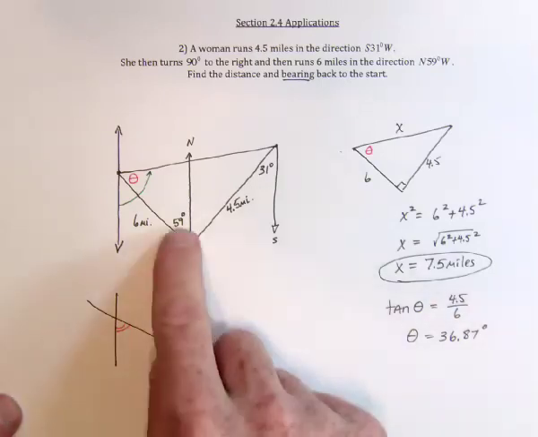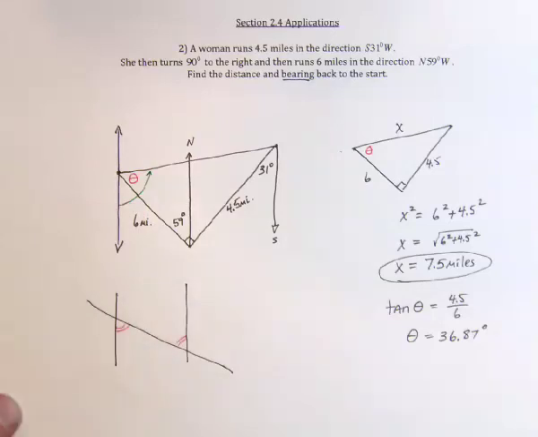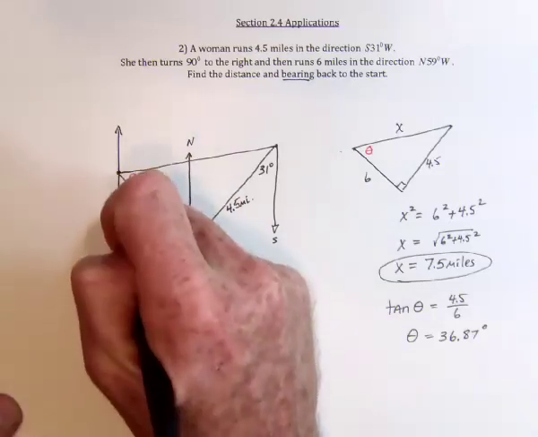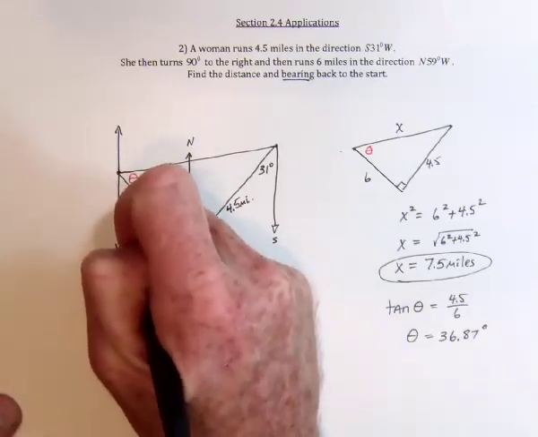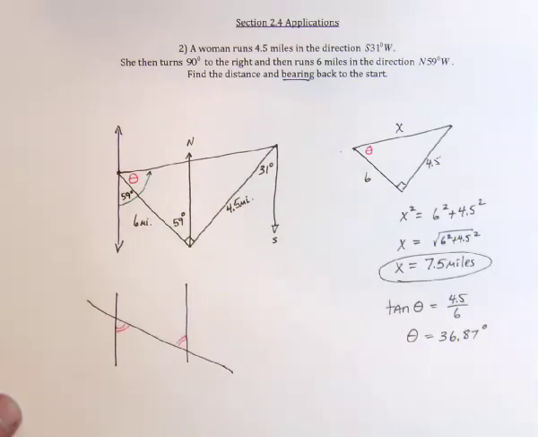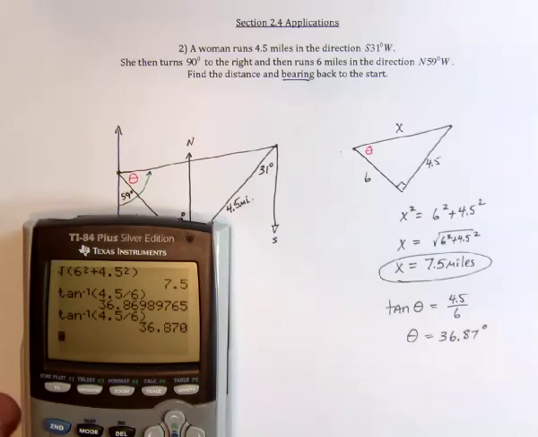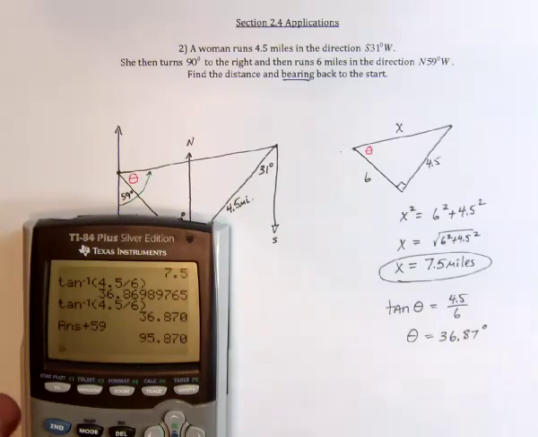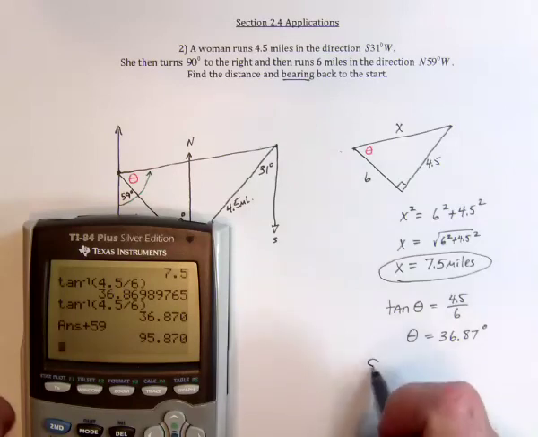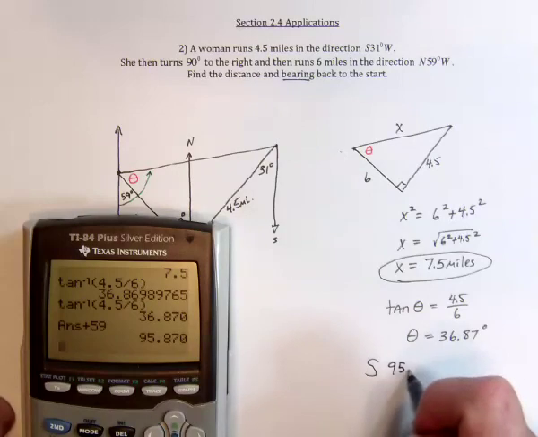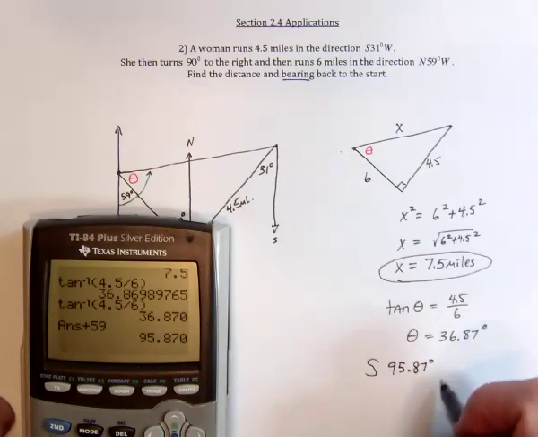So that means that as you cross this transversal, this has to be 59 degrees in here. So then finally for the bearing back to the start, we would take the answer we got and add 59 degrees. And so from the south, she should go 95.87 degrees towards the east.